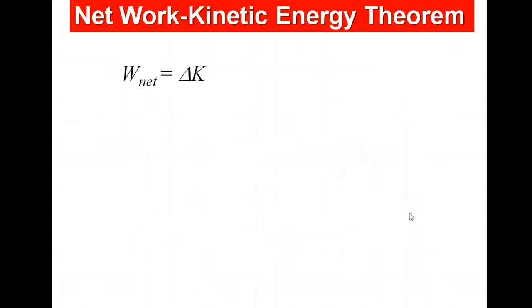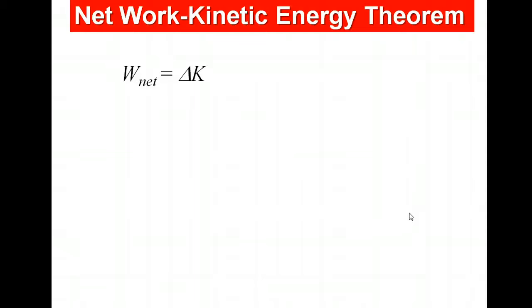Very important associated with work is the net work kinetic energy theorem. This says that the net work done on an object is equal to the change in the kinetic energy of that object. Net work equals change in kinetic energy.